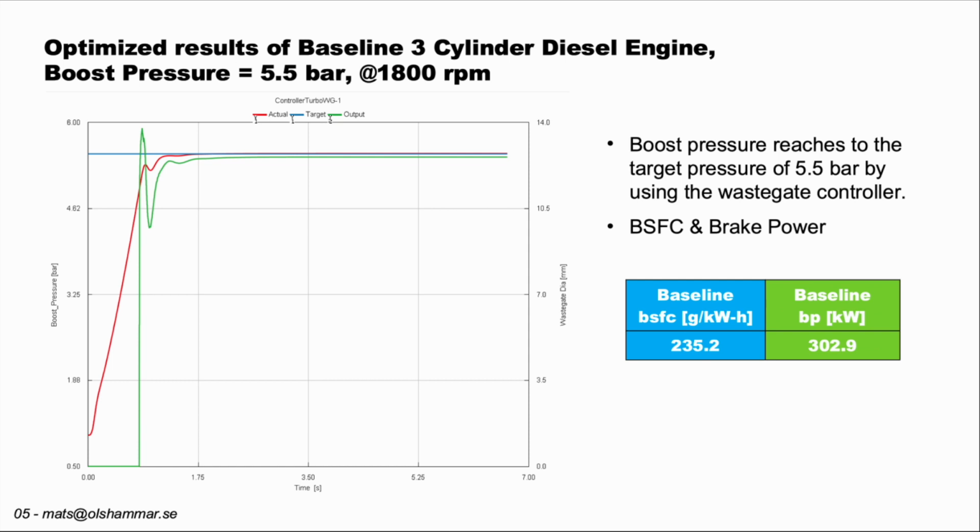And here we can see that the red curve is the pressure, and it has reached the target value of 5.5 bar. And the green curve is the wastegate diameter, and it's stable as well. So we have a stable result of 235.2 gram per kilowatt hour in fuel consumption and 302.9 kilowatts in power.